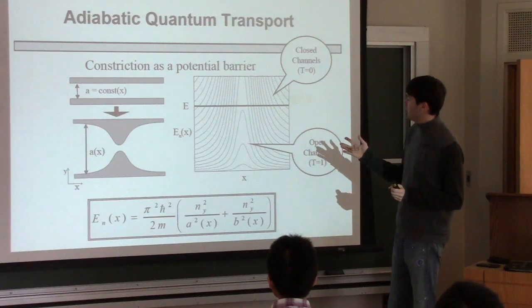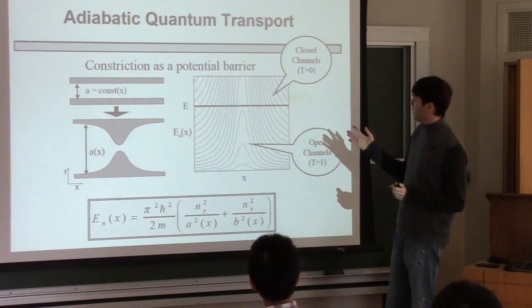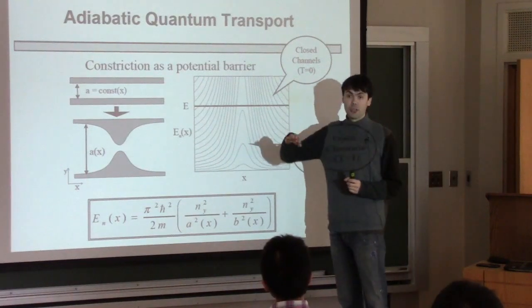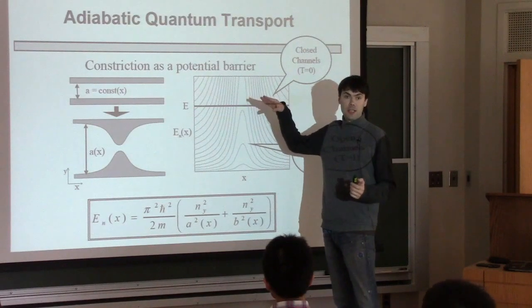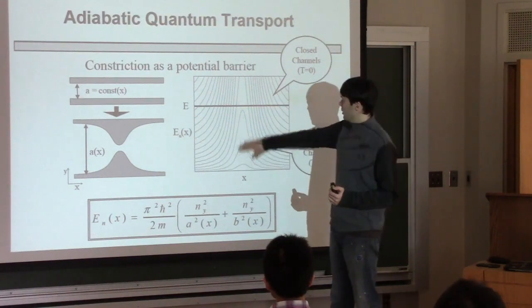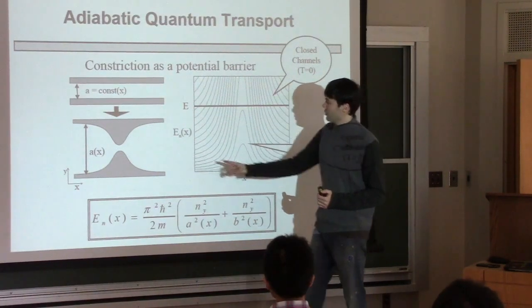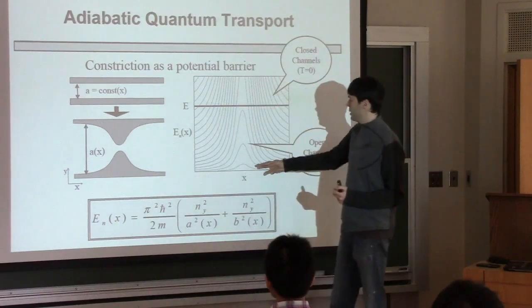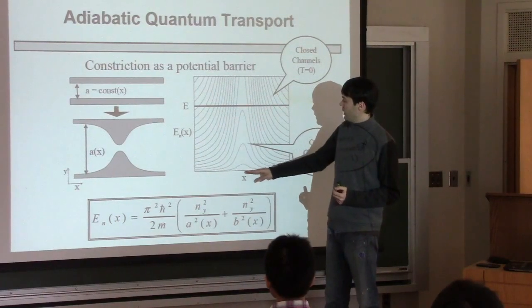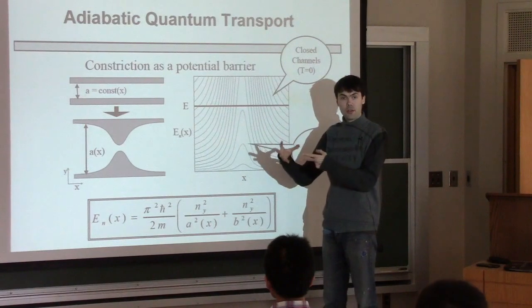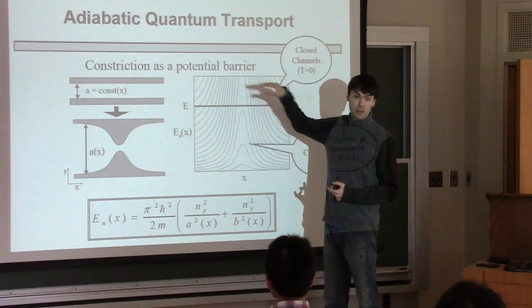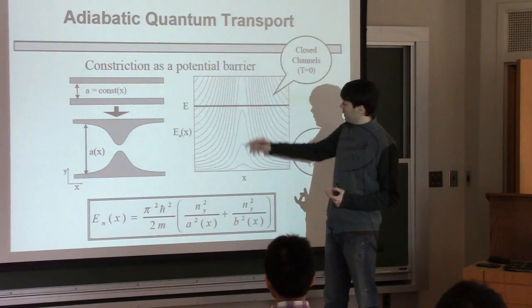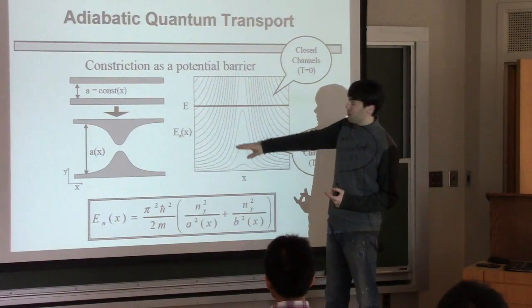It starts with an observation that if we just plot the bottoms of the subbands, like I did in the diagrams for the nonlinear regime, near the constriction, you can say that by confining the electrons more strongly, the spacing between the bottoms of the subbands, so the quantum levels in the constriction, increases, but also the bottoms become lifted.